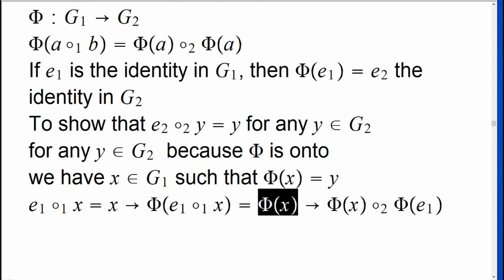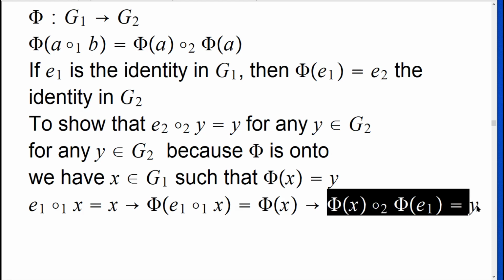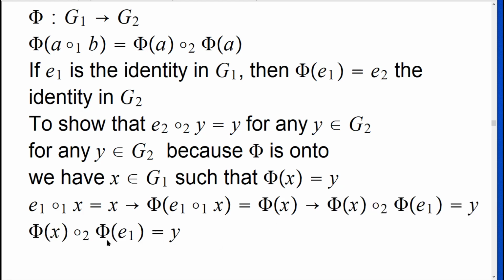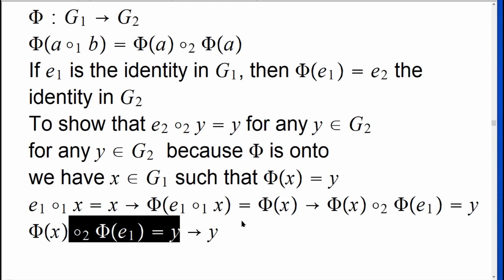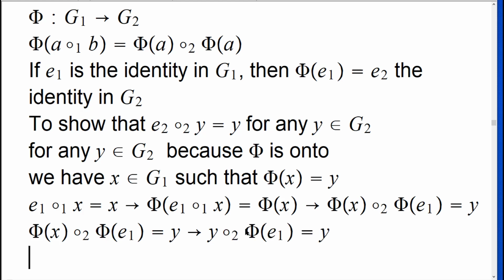And how much is phi of x? It's right here, it's y. So what you got then is that phi of E1 times phi of x is y, with the operation in G2, and phi of x is y, and we chose y arbitrarily. So who this will have to be, because the identity is unique in a group.